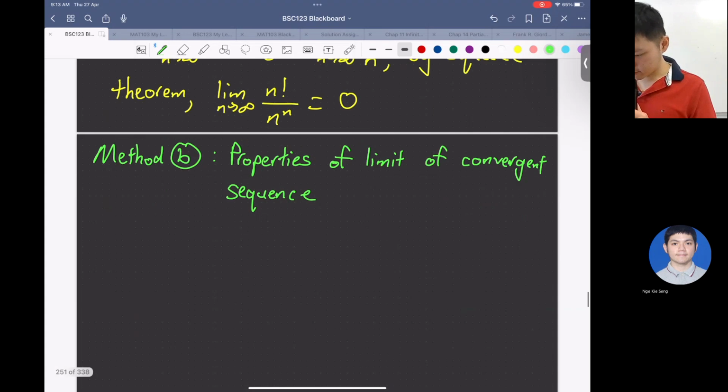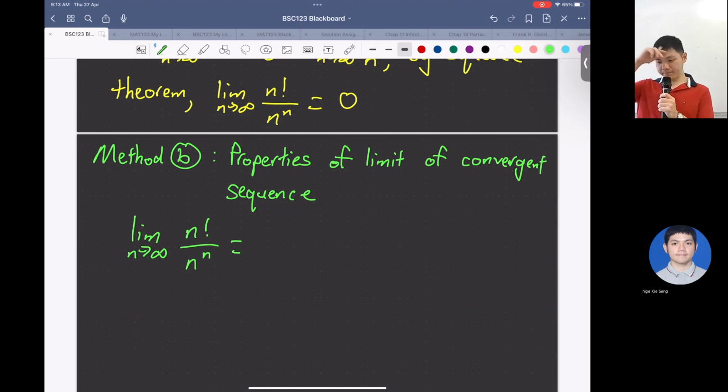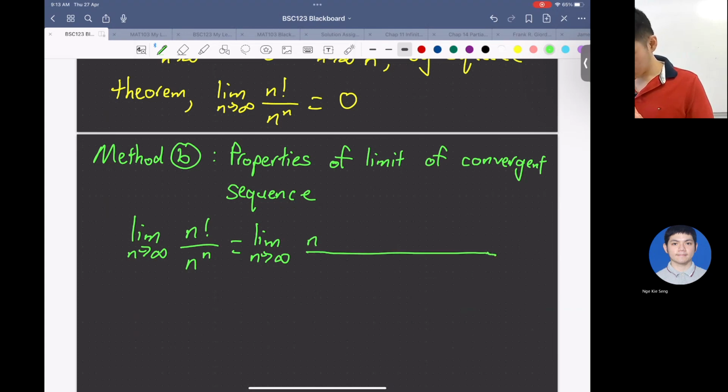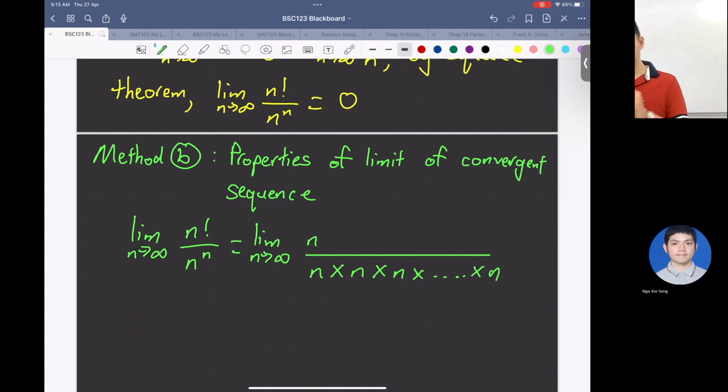Okay, let's recap what we did just now. We want to find the limit as n goes to infinity of n factorial over n to the power n. We realize that we can split this into a multiplication of different sequences.